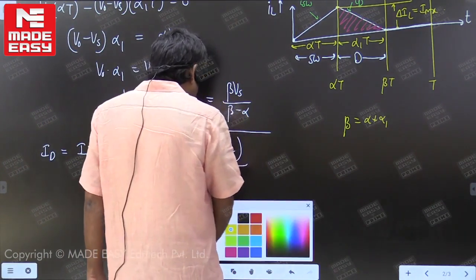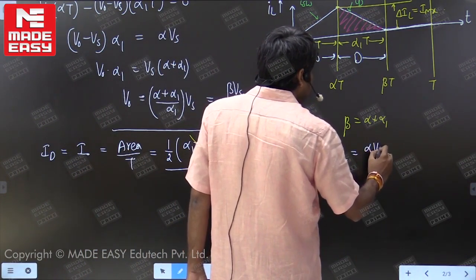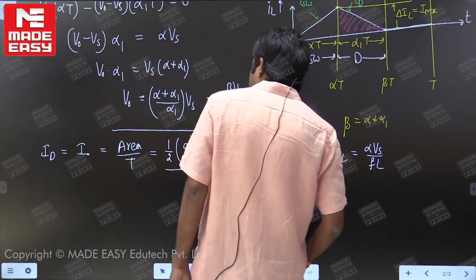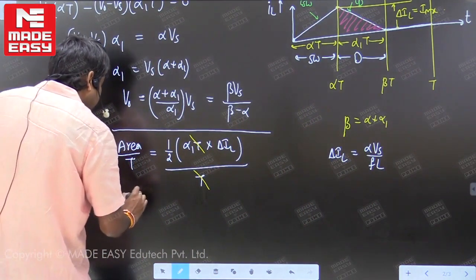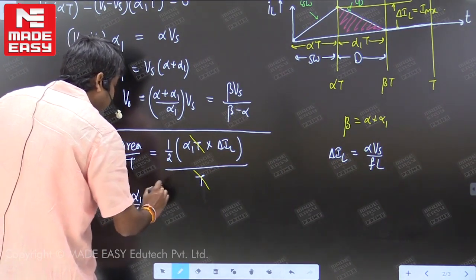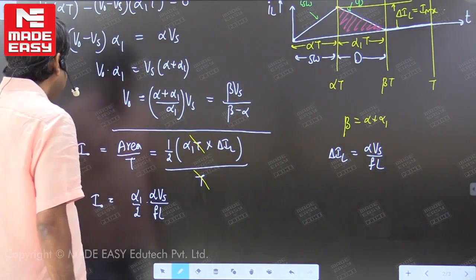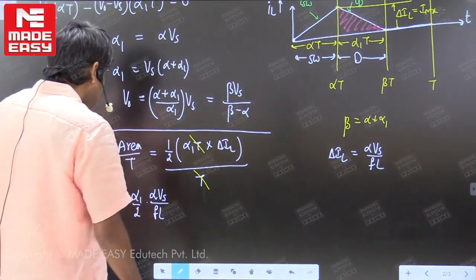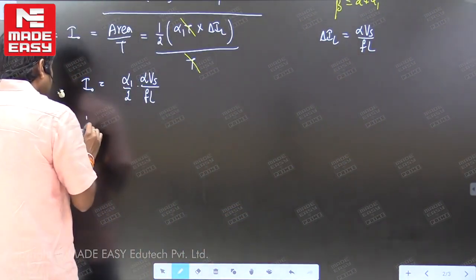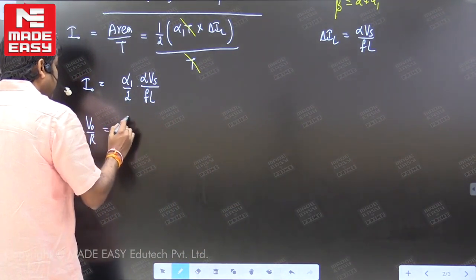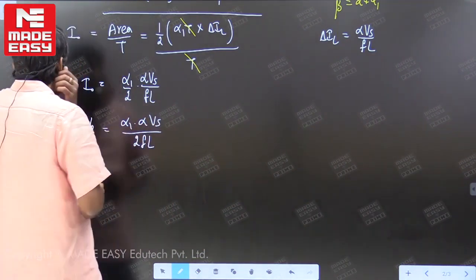For the boost converter, ripple current is alpha Vs by F into L. Substituting that value, average output current is alpha 1 by 2 into delta I, which is alpha Vs by F into L. And the load current I naught is equal to V naught by R. So V naught by R is equal to alpha 1 into alpha Vs by 2 into F into L.